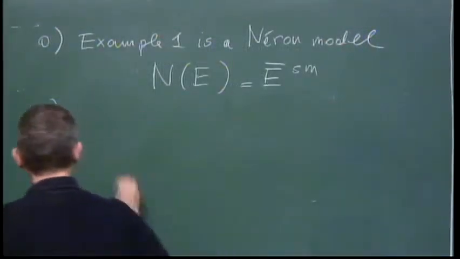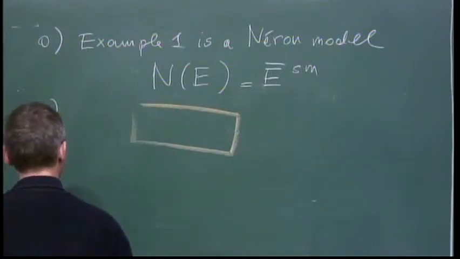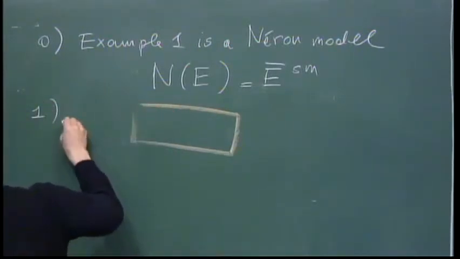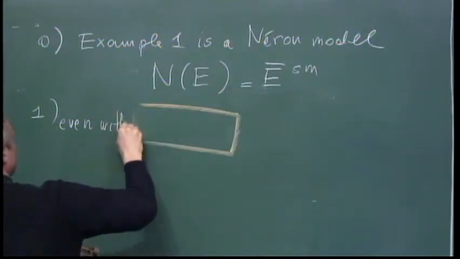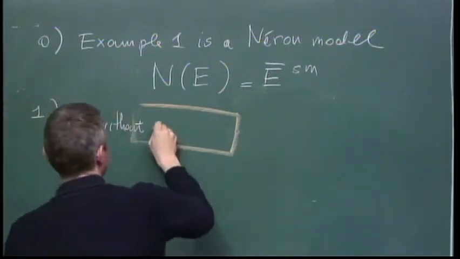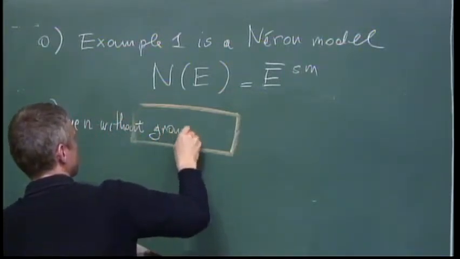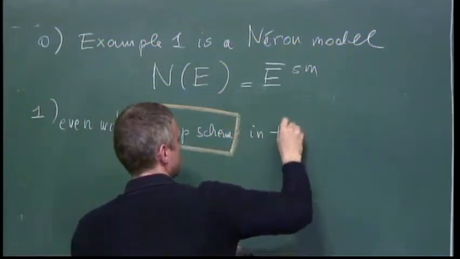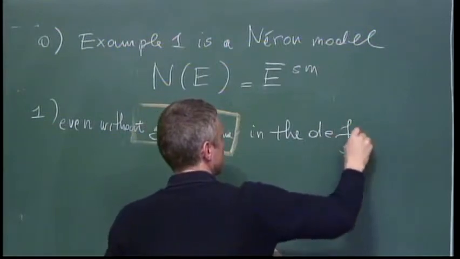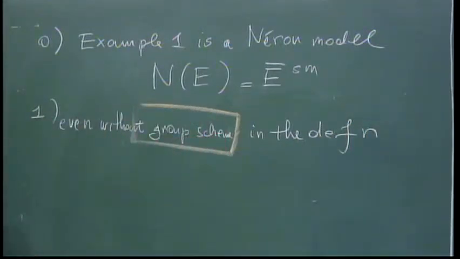So if I suppress "group schemes" in the definition, the resulting model is a group scheme.